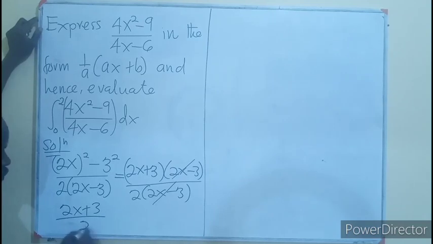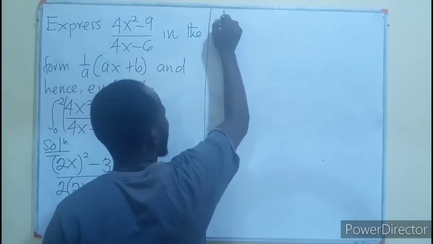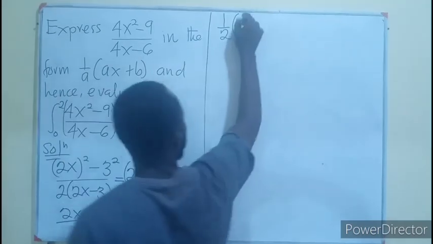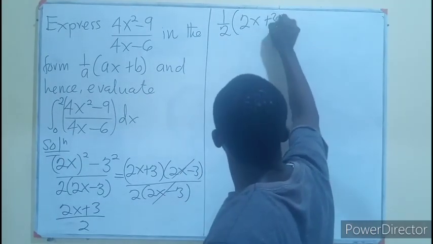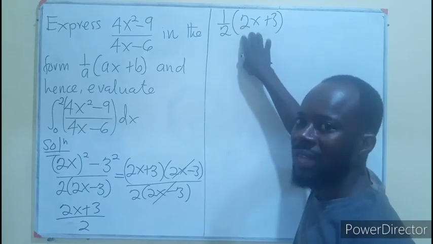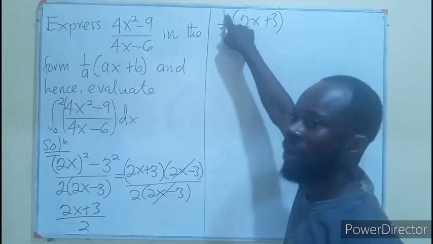So this is going to be 2, but this can be taken as a fraction in the form 1 over 2 multiplying (2x + 3). Because if you have a fraction and a constant, the constant goes to multiply the numerator.